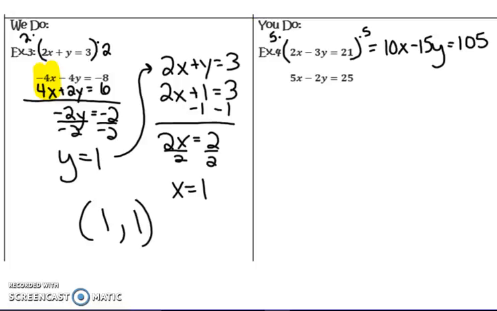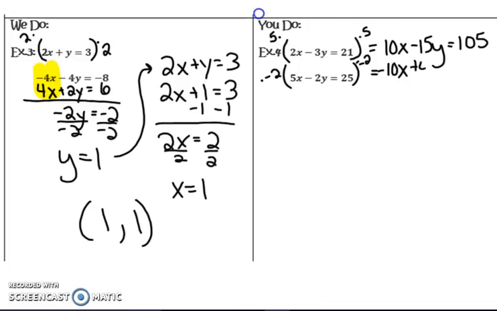Now, here's the part you have to be careful. If I want opposite coefficients, that means I need a negative 10x in the bottom. I have a positive 5, so in this case, I'm going to multiply it by negative 2. Not just positive 2 because it's the other coefficient, but I need those opposite terms. So if I multiply by negative 2, I get my negative 10x.